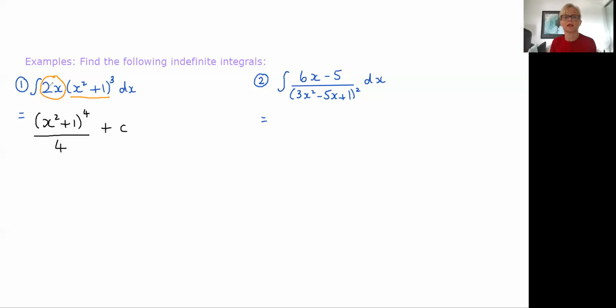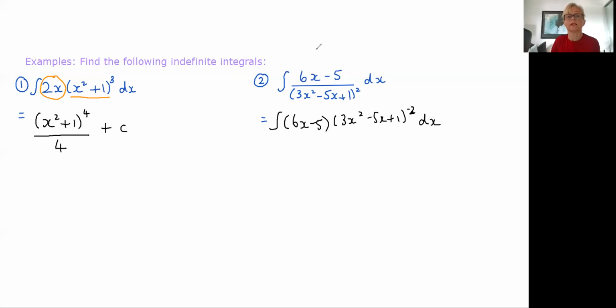Let's try another example. This one, it might be better to rewrite it like this: (6x − 5)(3x² − 5x + 1)^(−2).